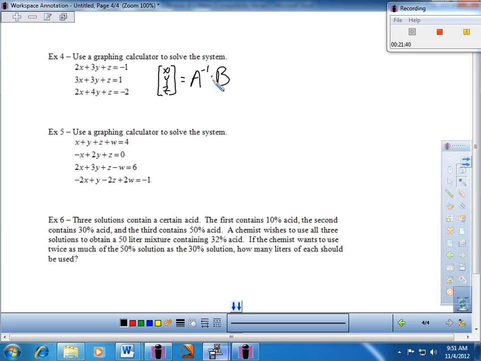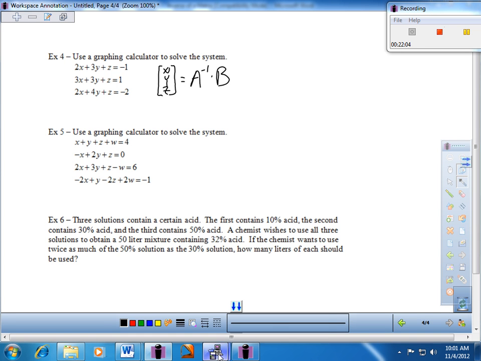Our variables, our ordered triple in this case, would be still the inverse of A times B. And in this case, the inverse would be a 3x3 multiplying into a 3x1, which would yet end up giving you a 3x1. You get 1, 2, 3, matching up equally with the other side.